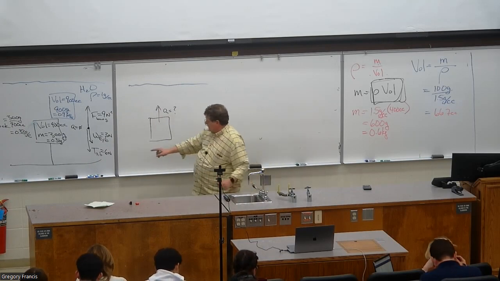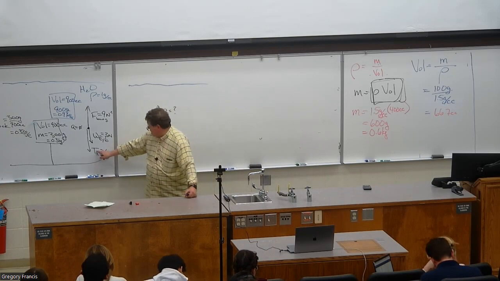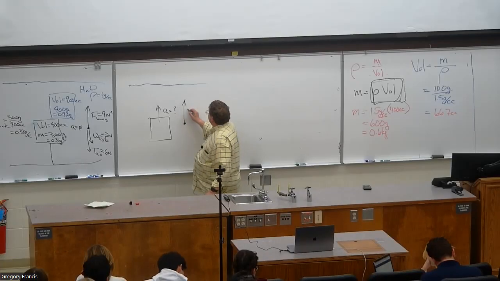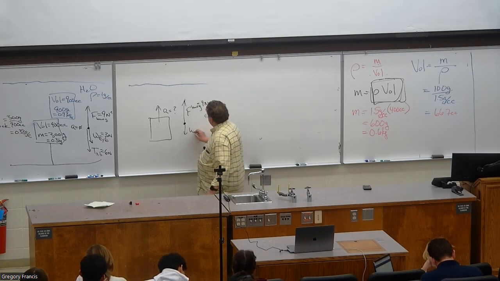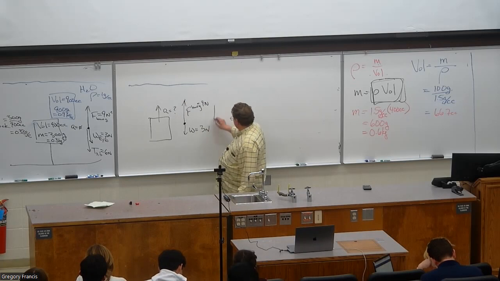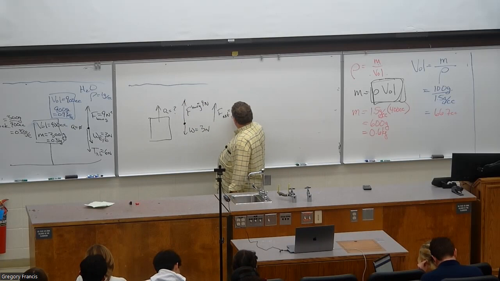Well, by cutting the string, I get rid of this force here. So now my free body diagram just has a buoyant force of 9 newtons, a weight force of 3 newtons, and that means I've got an F net of 6 newtons up.